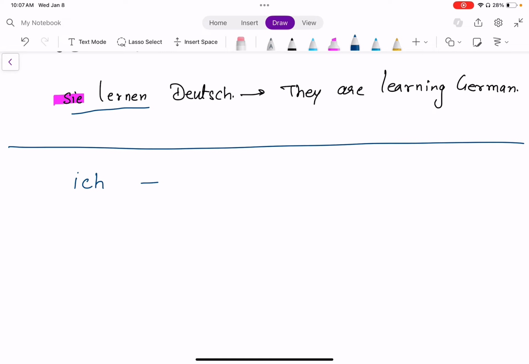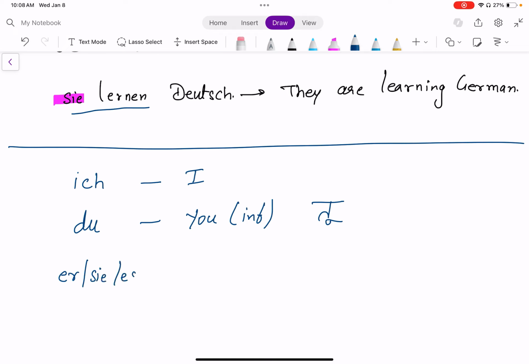Ich. Ich is I. Du. Du means you, and that is informal you. Just like we say in Hindi, like तू. I'm writing it as du here. Then er, sie, es. This means he, she, and it.